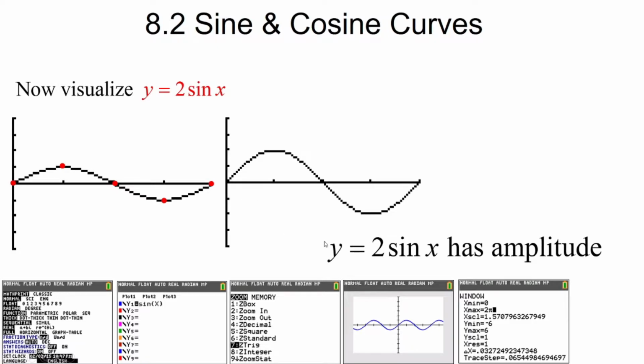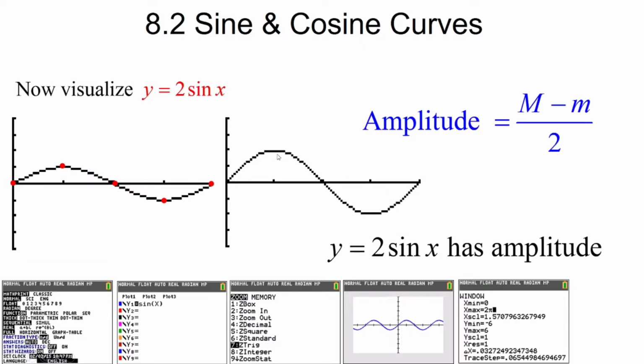Now y equals 2 times sine of x has an amplitude, and you can see the amplitude right now, but I want to give you the formula for amplitude that I gave you earlier in the year. Amplitude is always the max, which we use a capital M for, minus the min, lowercase m, divided by 2.